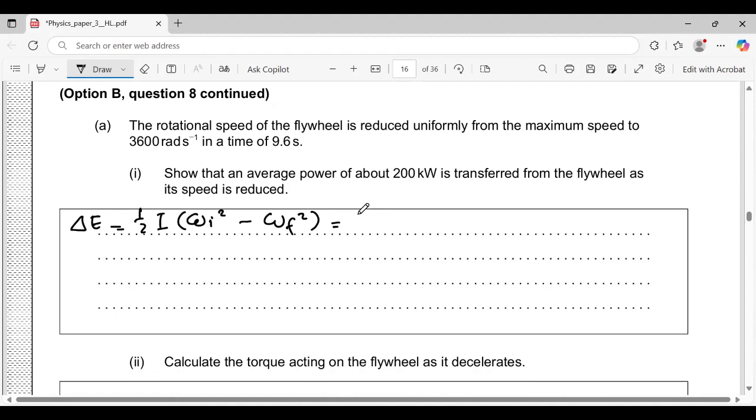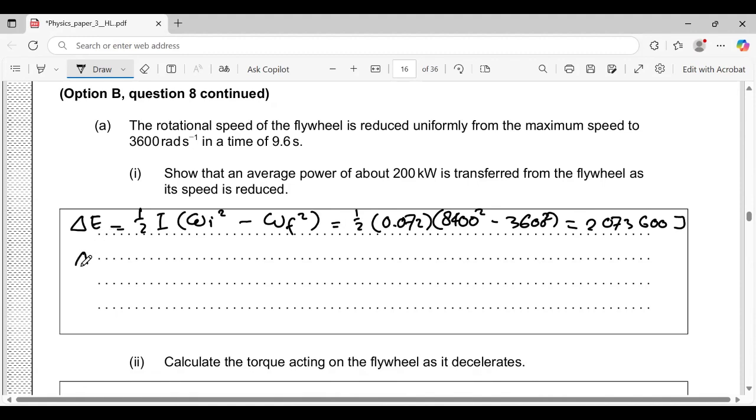So it's going to be 1/2 times 0.072 times 8,400 squared minus 3,600 squared inside. And the result is 2,073,600 joules.